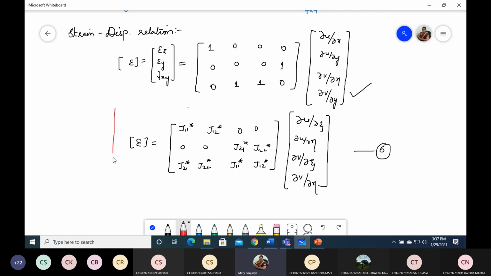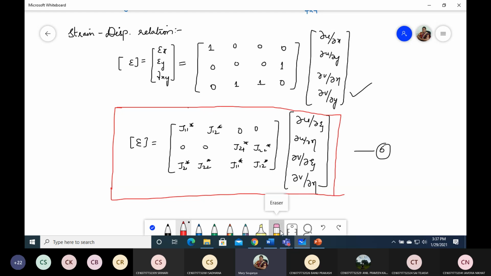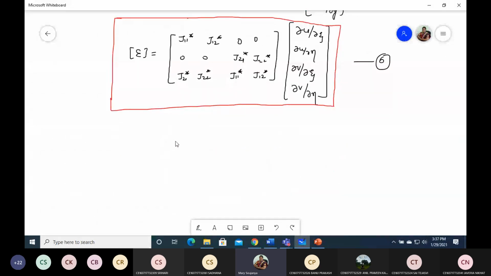This is the strain displacement relation. Strains are related to the displacements using the Jacobian inverse matrix terms. We should remember all these equations when we have to solve the problem.